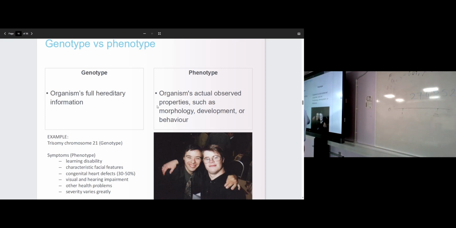Learning disability could be a phenotype, characteristic facial features, congenital heart disease, visual impairment. All of these are things that we observe at the level of the individual, and that's what we call phenotype. Whereas what we see at the level of the sequence is what we call genotype.